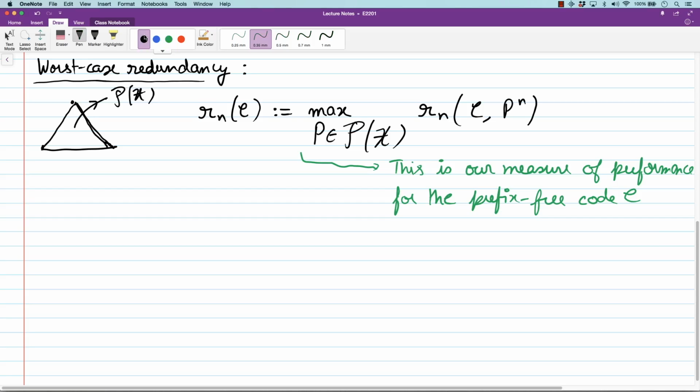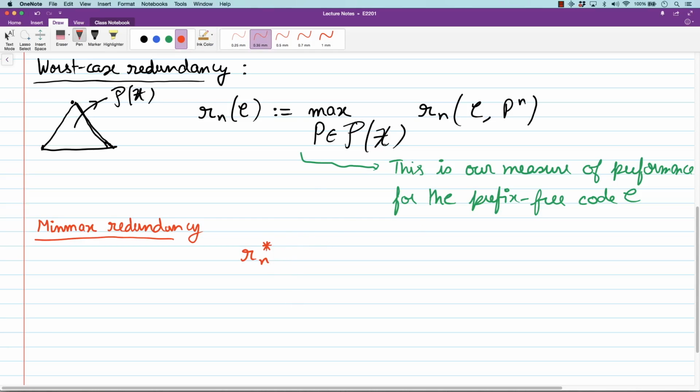The ultimate benchmark that any code should aspire to is what we'll call the min-max redundancy. That's the best that a code can do. I'll denote it by Rn star. I'm not displaying the dependence on the alphabet size, the cardinality of the set X, but this depends on the alphabet size.